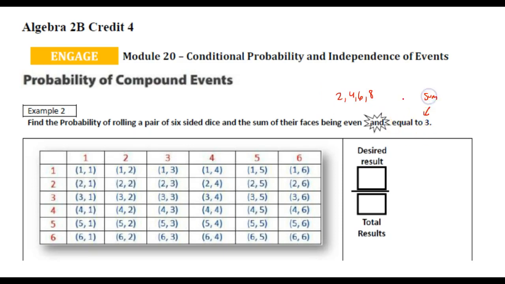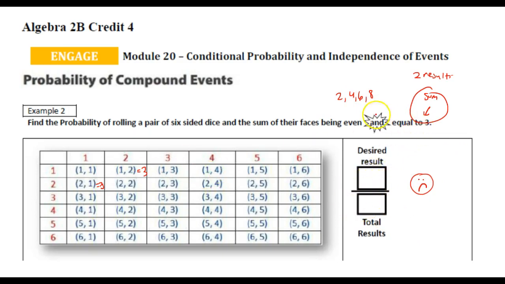So let's see. Well, 1 plus 2 equals 3. 2 plus 1 equals 3. Are either of these, because they're only 2, that actually sum up to 3. There's only 2 results. Are either of these, 3 or 3, an even number? No. So that means that essentially, what's a number for nothing?